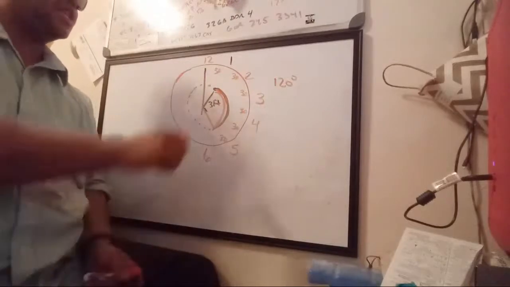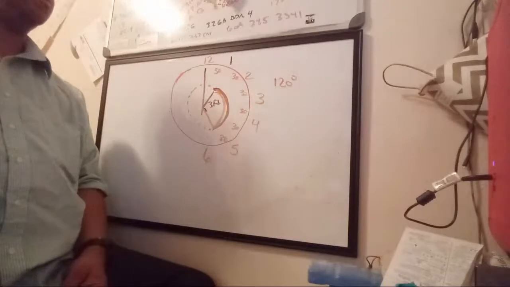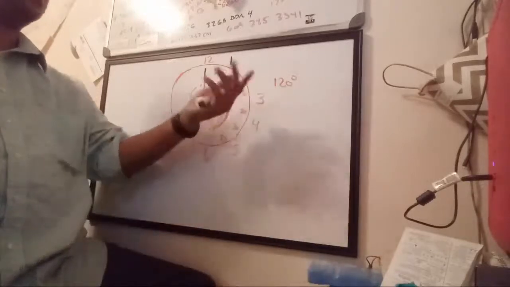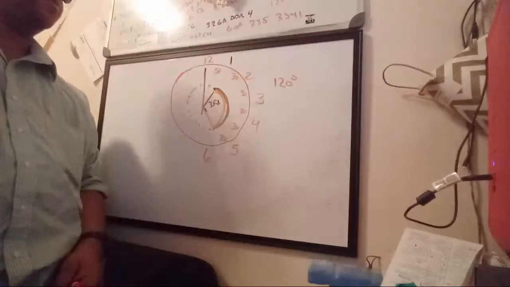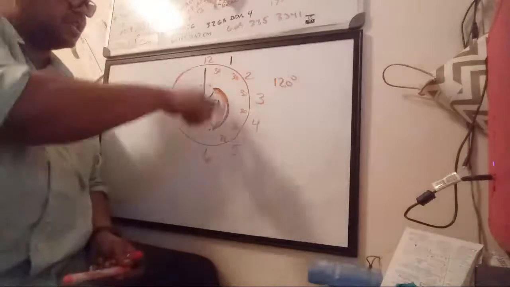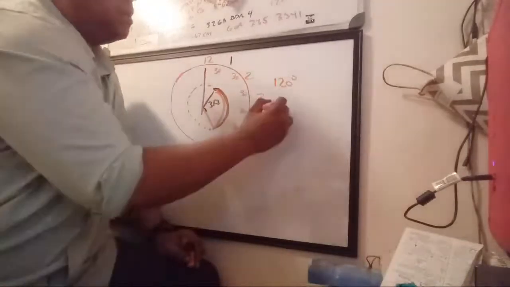No, because this distance is 1/3 of a complete circle. 120 times 3 is 360, right? So I'm going to calculate the entire distance. What is the formula for circumference, Jasmine?